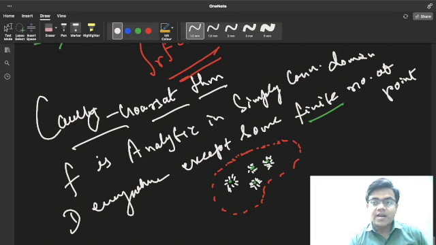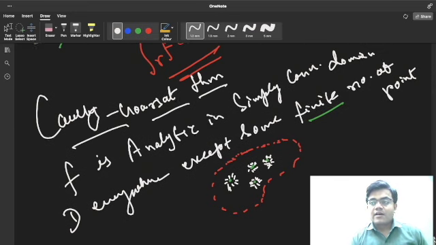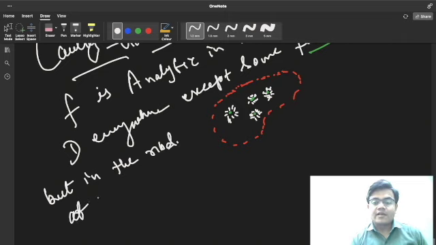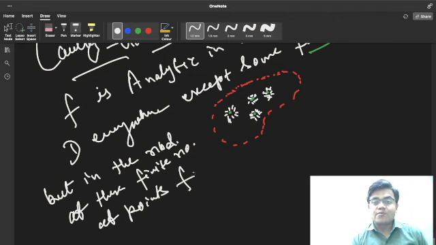If we apply this condition, let me write it: in the neighborhood of these finite number of points, f is bounded.